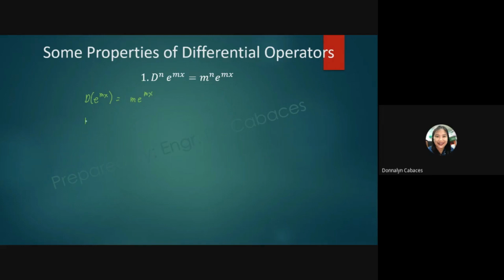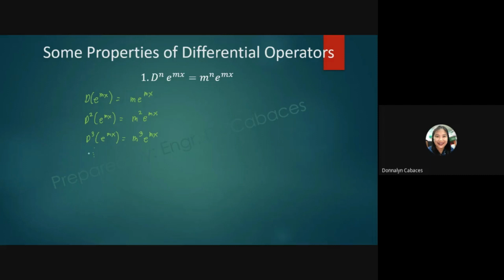What about the second derivative of e to the mx? That is m times m, so m squared e to the mx. What about the third derivative of e to the mx? So the third derivative would be m times m squared, so that is m cubed e to the mx, and so on.